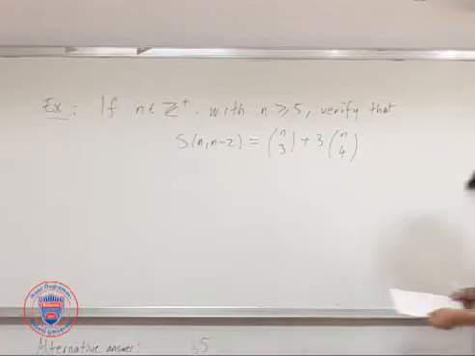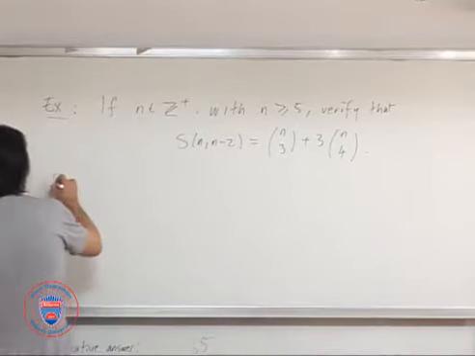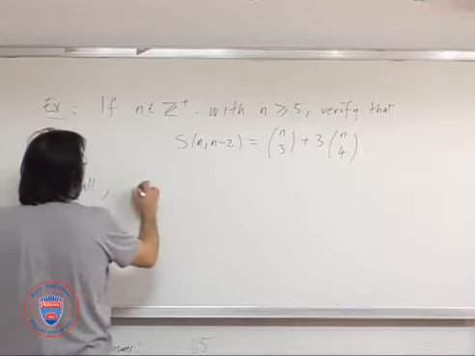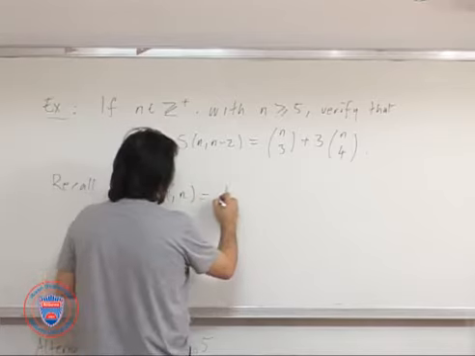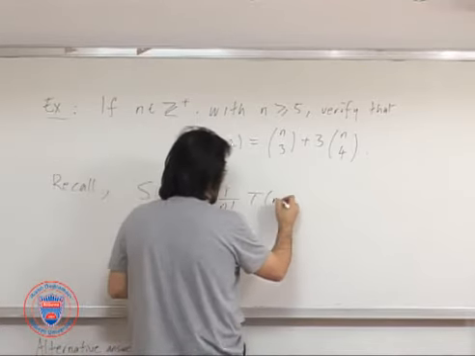I want to remind you of a couple of things about this. Recall that the Stirling number S(m,n) is 1 over n factorial of these T's.